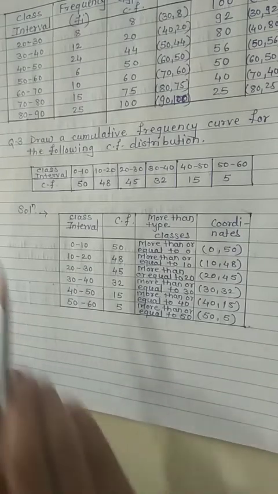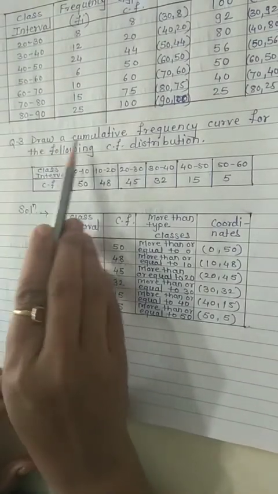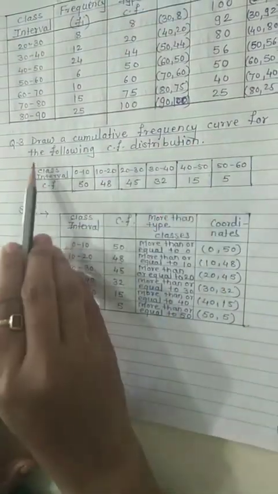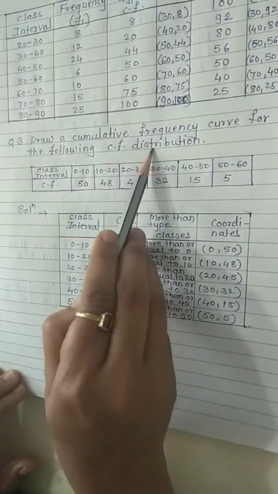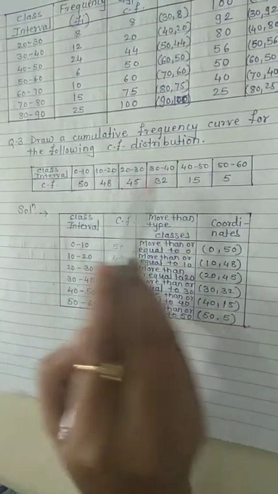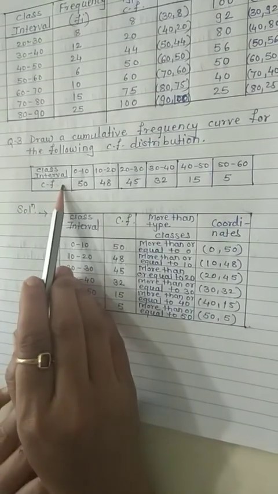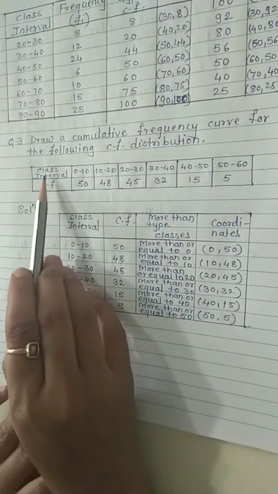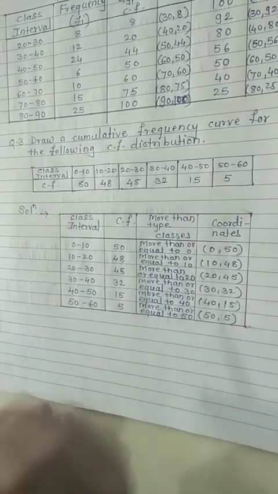Now let us go to question number 3. Draw a cumulative frequency curve for the following cumulative frequency distribution. Now these observations are of cumulative type. You can observe the class intervals and cumulative frequencies given here.